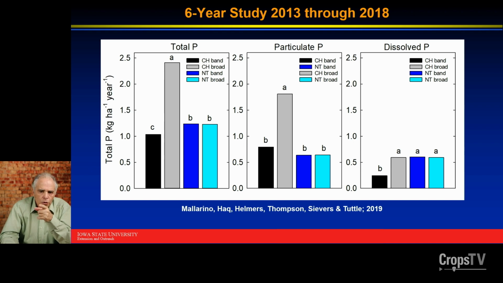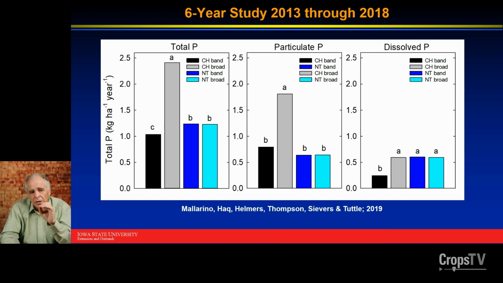Now, when we go to the right and look at the dissolved P loss, we see that the lowest dissolved P losses are with planter banding with chisel plow tillage, and there are no differences between the other 3 systems. So this notion that applying the P in the subsurface, with placement, can reduce phosphorus losses a lot, it may or may not.